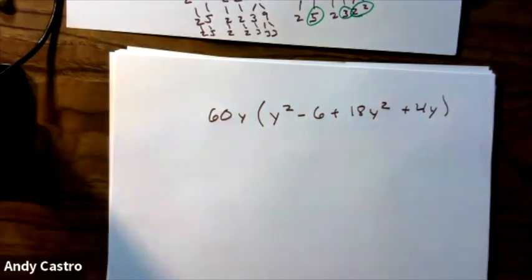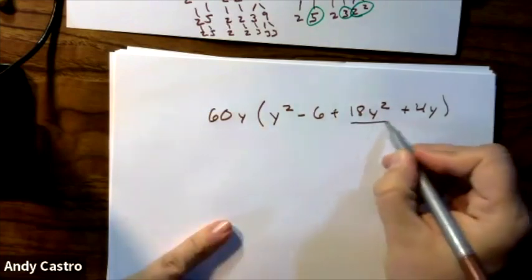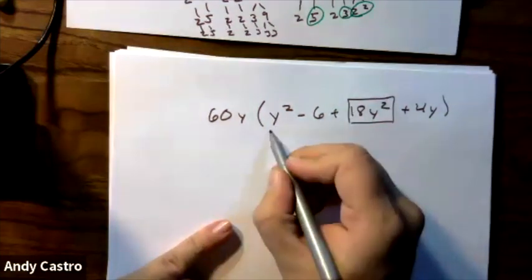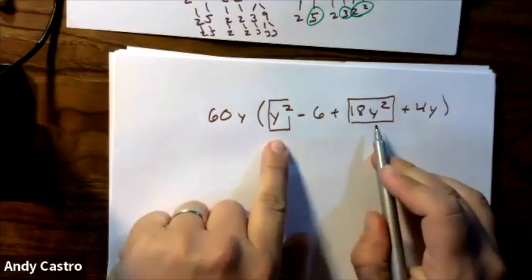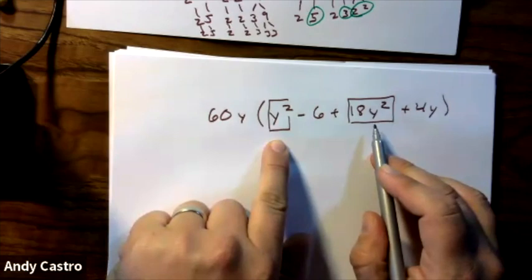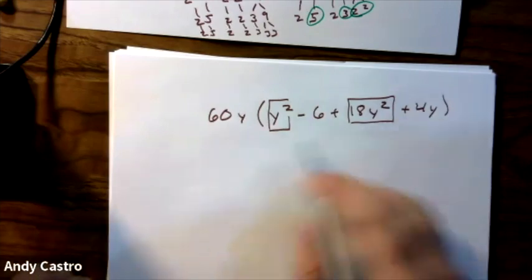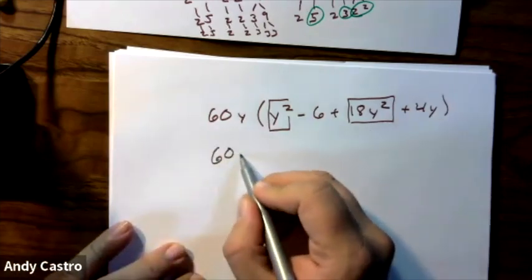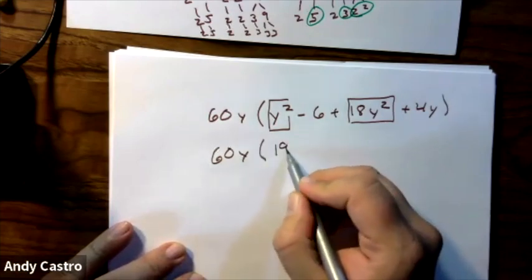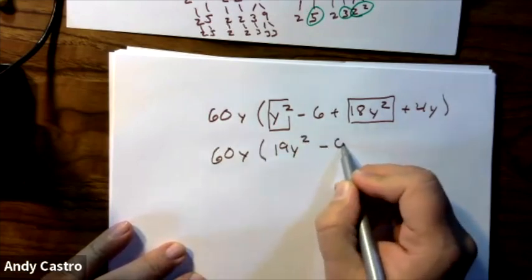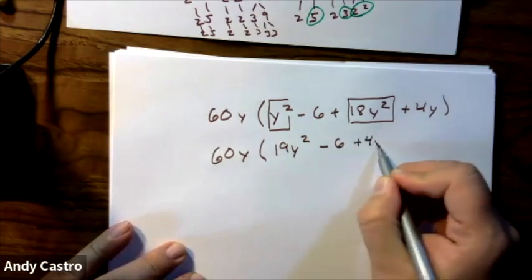All right. Well, we'll notice that we actually have some like terms, 18y squared and y squared. So I can combine those two. And that gives me 19. So 60y times 19y squared minus 6 plus 4y.